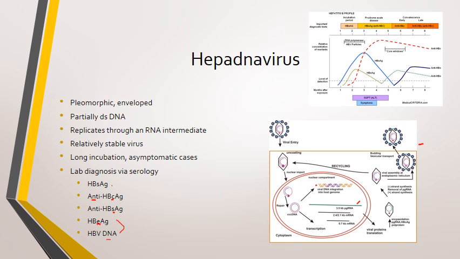And then, of course, we do have nucleic acid tests, so we can test directly for HBV DNA. We have direct nucleic acid testing, you get a PCR, there's lots of things you can do, and if that's present, it indicates active viral replication, which would mean a high rate of infectivity.